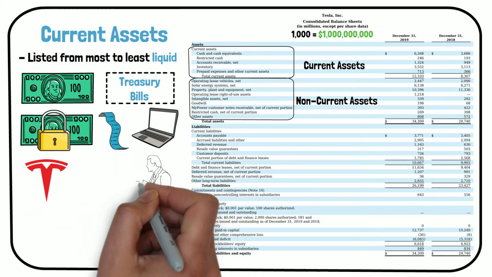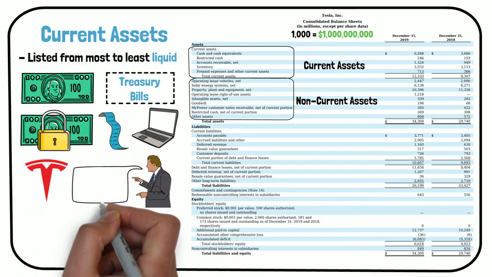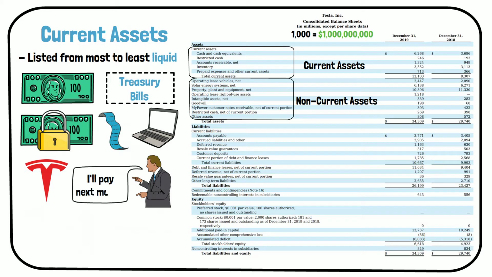Some buyers of Tesla's cars or energy products may not have paid in cash, but instead used credit to pay Tesla. Hopefully, this amount will turn into cash, but it's likely that at least a small part of it will not be converted to cash since some buyers won't pay.